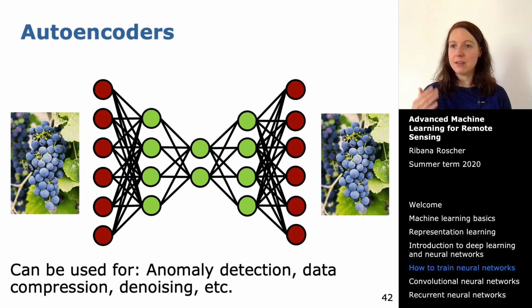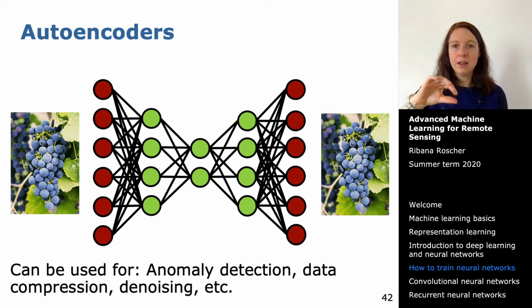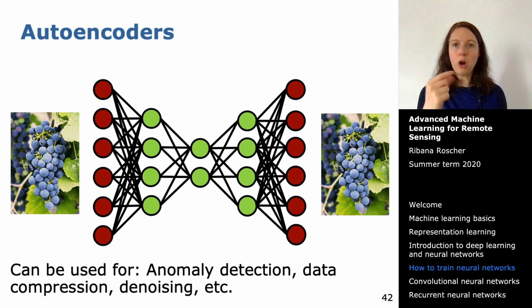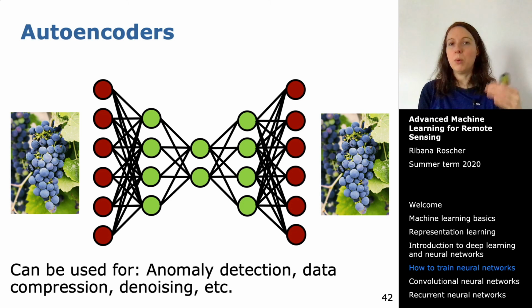What you have is your input, which is also your output. And what is happening in between is you feed your input data to the autoencoder, then you encode this to a new representation. In the bottleneck layer, you have a very compact representation of your input data, and then you try to decode it in a way that you can reconstruct exactly the input data.